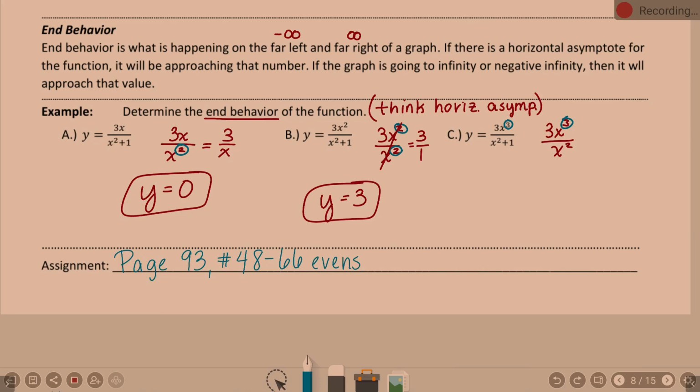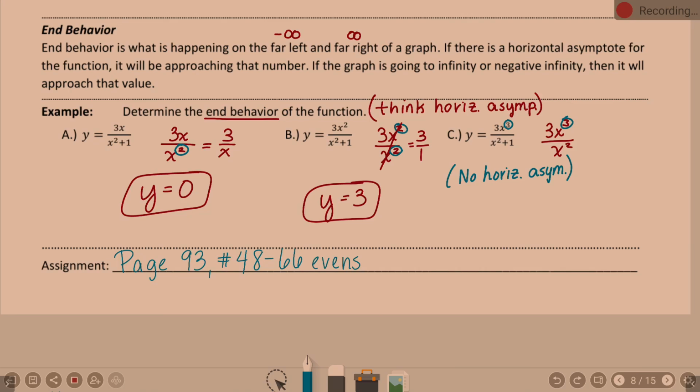Officially, I'm going to write no horizontal asymptotes. However, did they ask me about horizontal asymptotes officially in this section? No. Officially, they're asking me for end behavior. So, okay, there's no horizontal asymptote, but there's still something going on.